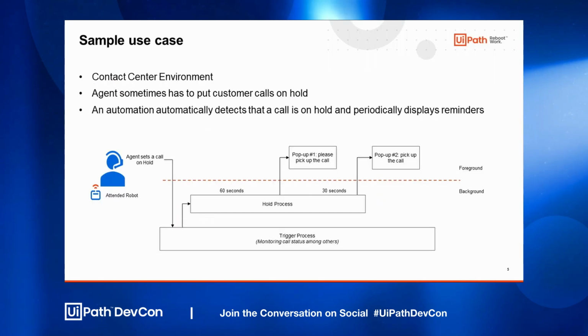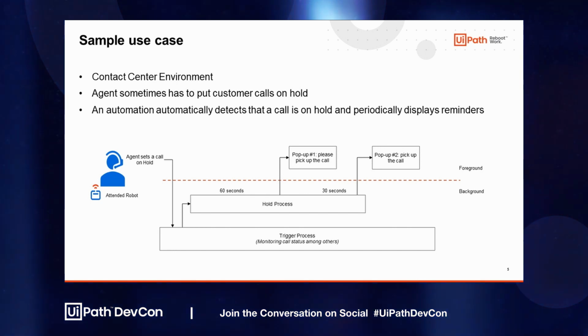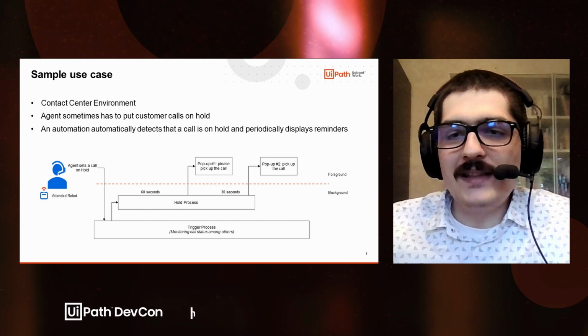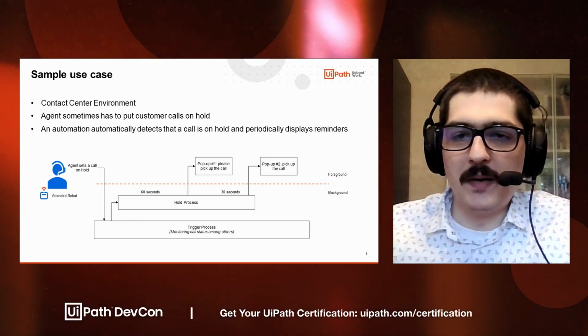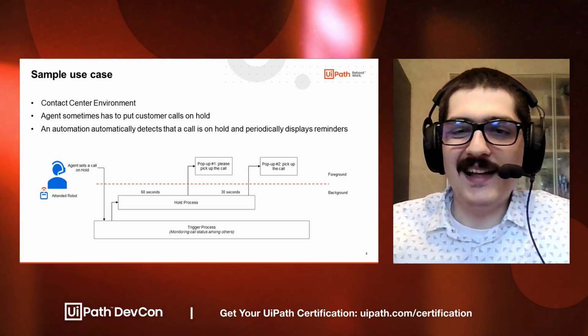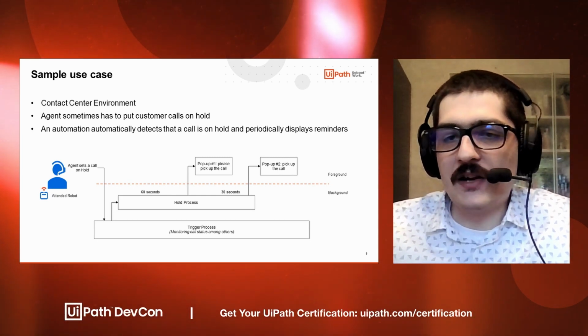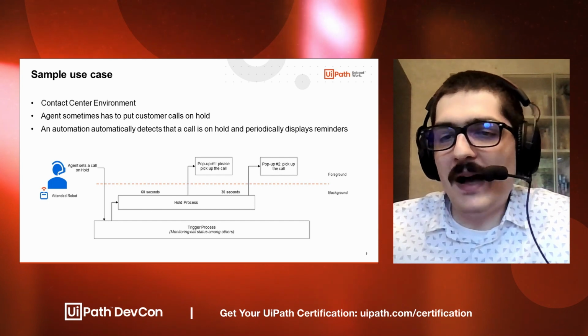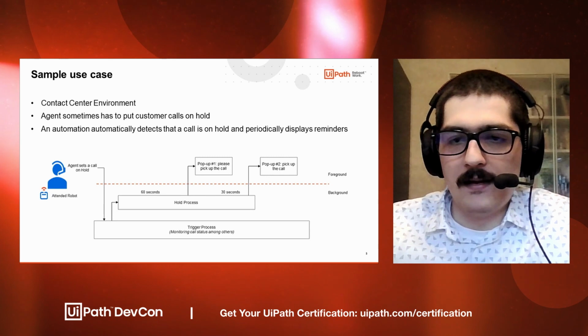Okay, so given this use case, what would a proper solution be? What we would have to consider is that we would need a trigger process that permanently monitors the user's activity and checks when the hold call button is pressed. Once that hold call button is pressed, the monitoring process will start another job, which will then execute the relevant process actions and then show periodic reminders that the call is currently on hold.